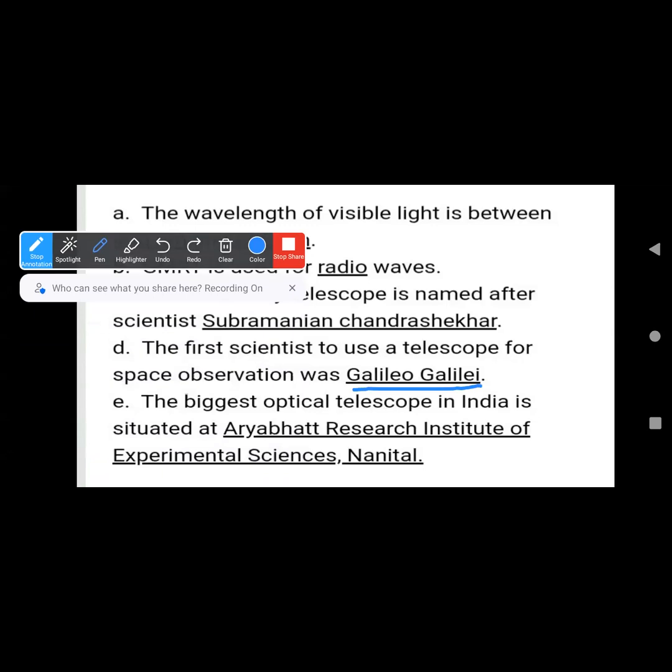And the fifth is the biggest optical telescope in India is situated at dash. So we have seen how the biggest optical telescope looks like and where it is located. It is located in Nainital, isn't it? Aryabhat Research Institute of Experimental Sciences, Nainital. So you have to write this all.